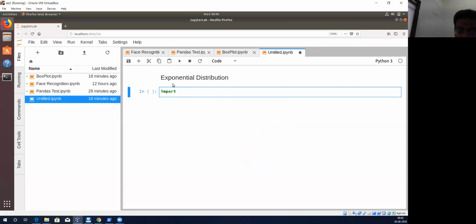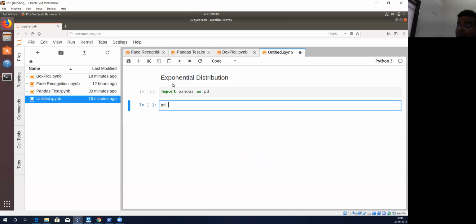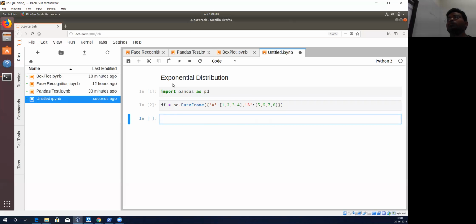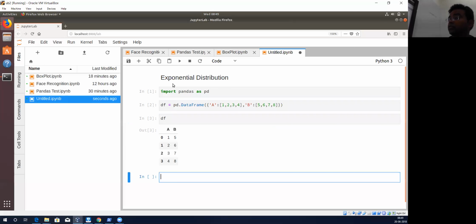Import pandas as pd. pd.DataFrame, this is A: 1, 2, 3, 4, and B: 5, 6, 7, 8. So this is df.